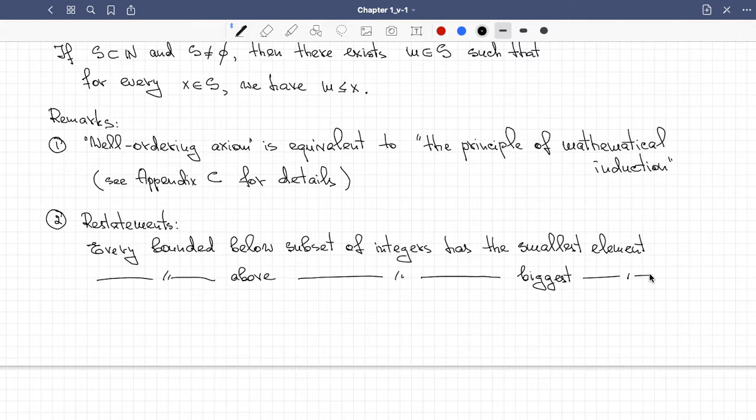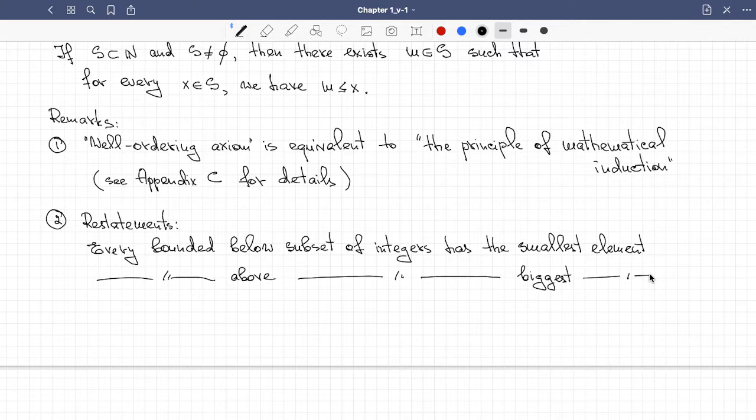Take, as an example, the set of all integers, positive or negative, which are smaller than 100. Of course, there should be the biggest element there.